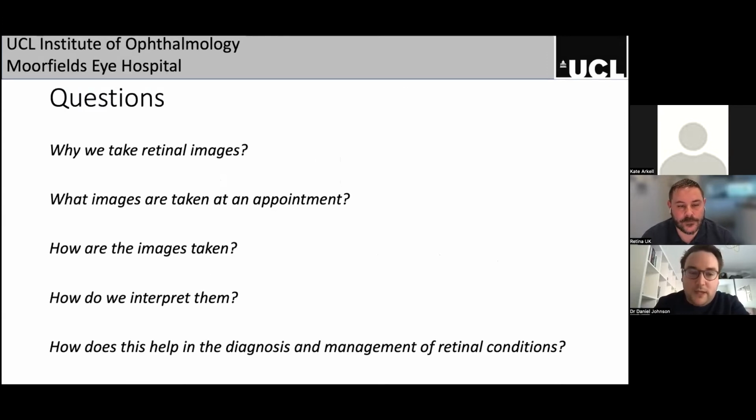What I'd hoped to answer throughout this presentation is why we take retinal images, what images are taken at a typical appointment, how the images are taken, although I imagine many of the listeners are perhaps more expert at having pictures taken than I am, and how we interpret them. So looking at the images, what do they mean for the eye doctor? What do they mean for the patient? And actually, how does this help in planning treatment?